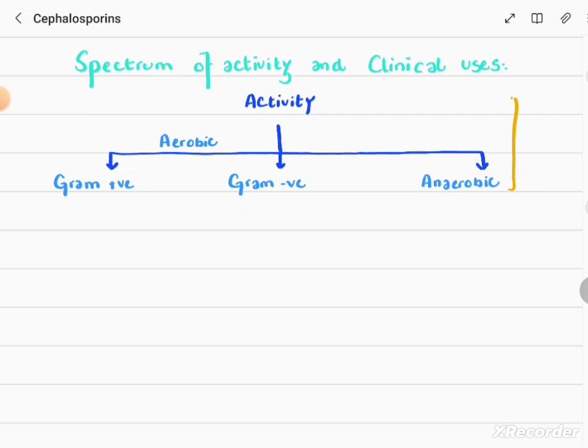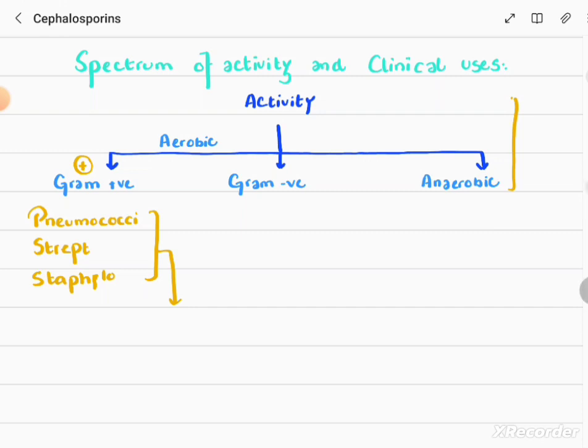The first generation cephalosporins have activity against gram positive bacteria, and among these, they have activity against pneumococci, streptococci, and staphylococci, which cause upper respiratory tract infections and surgical site infections.